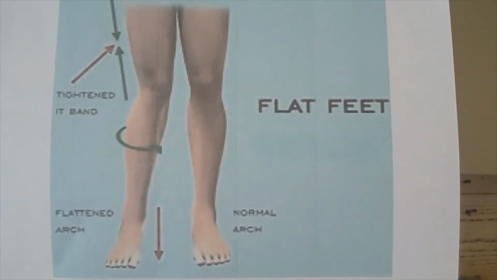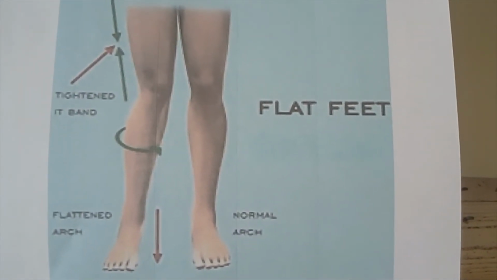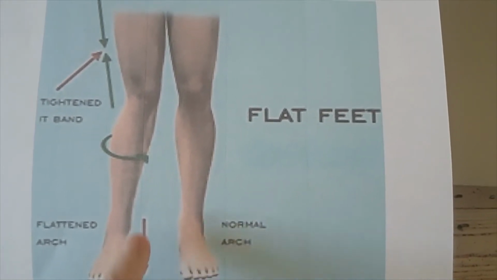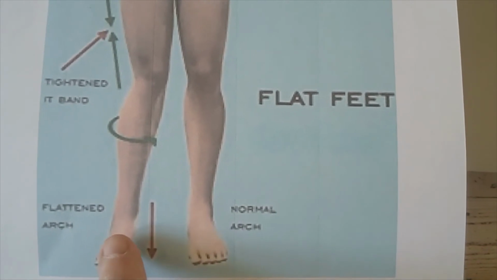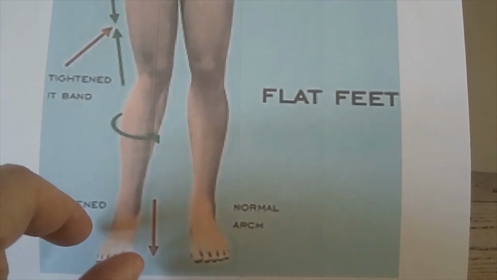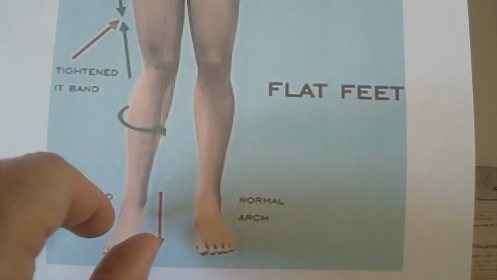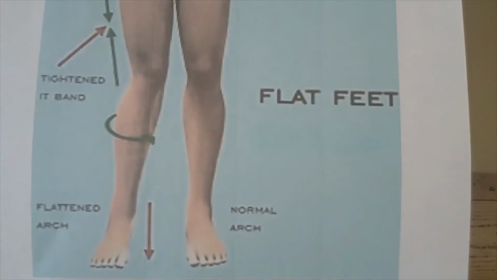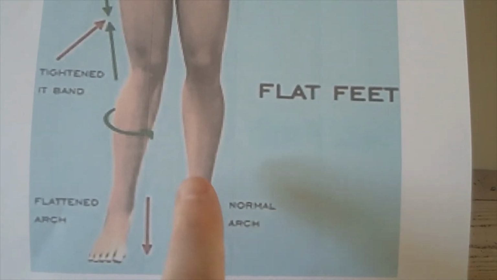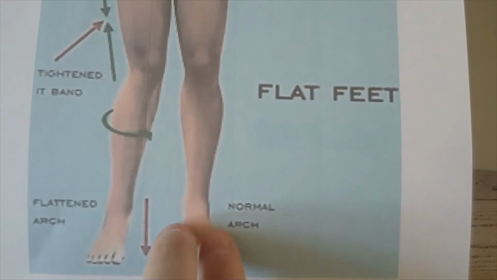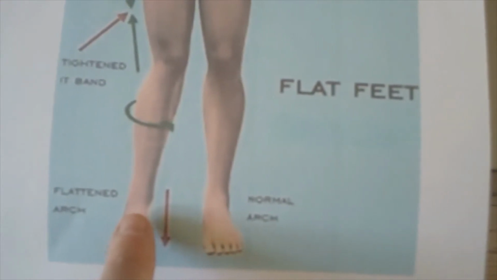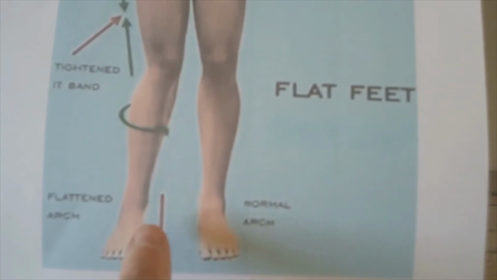If we look at this diagram, when someone has flat feet, the arch is flattened, and this causes overpronation. You can see the ankle is slightly turning in, instead of a normal arch, where the ankle goes just straight up.